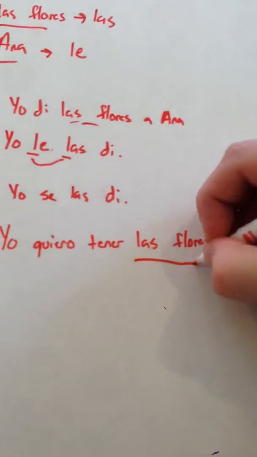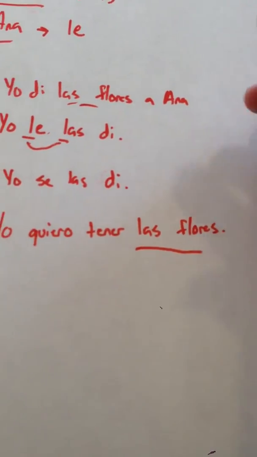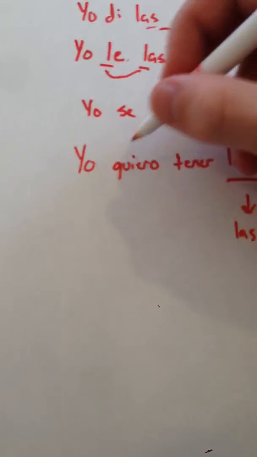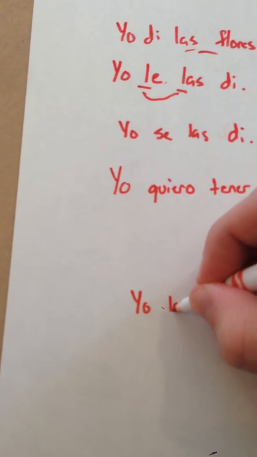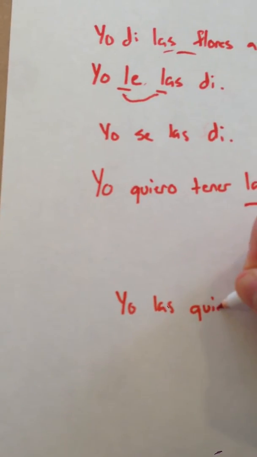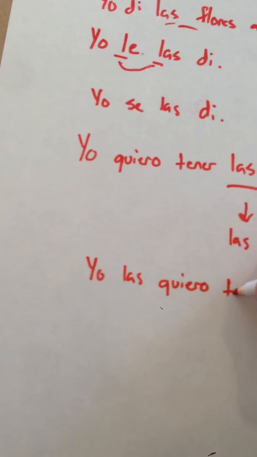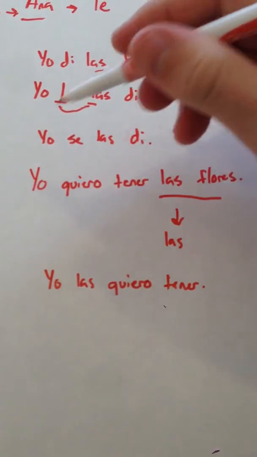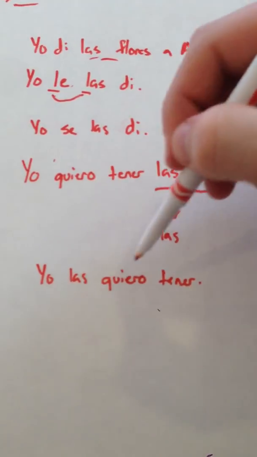If I change las flores, which is the direct object, to las, I can still place las directly in front of the conjugated verb, quiero. Yo las quiero tener. This in English is translated to I want to have them, as opposed to I want to have the flowers.